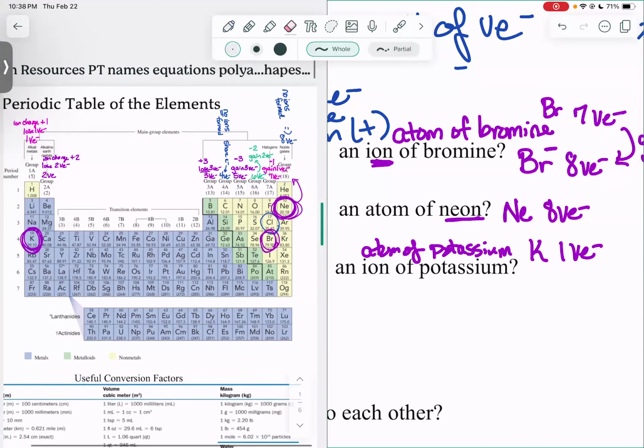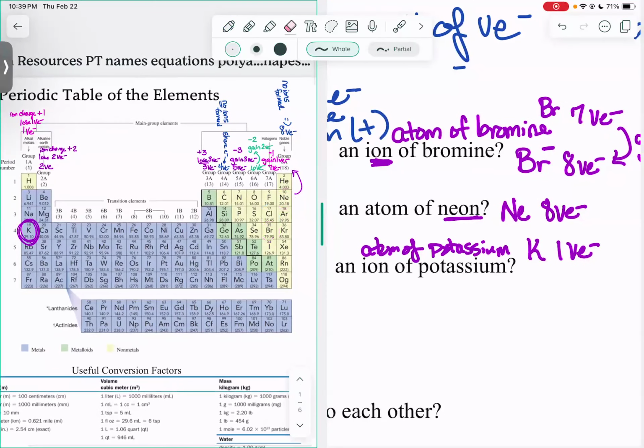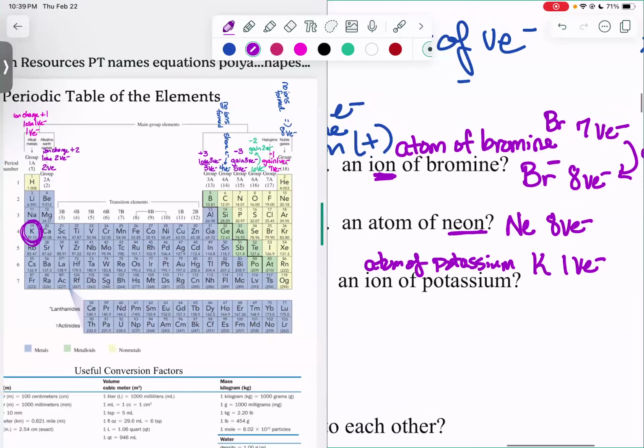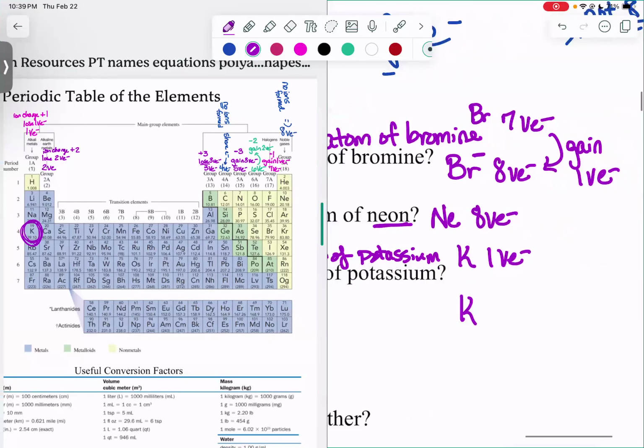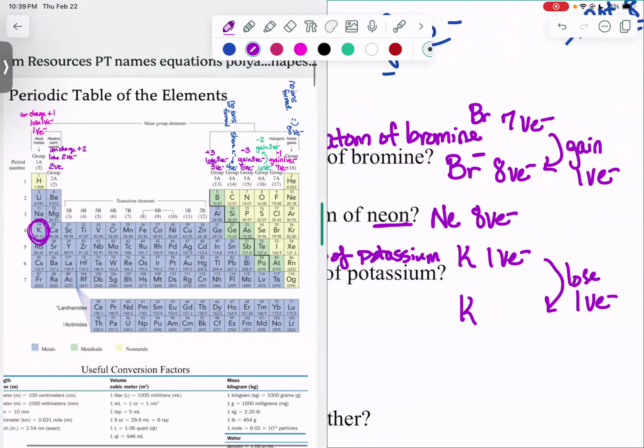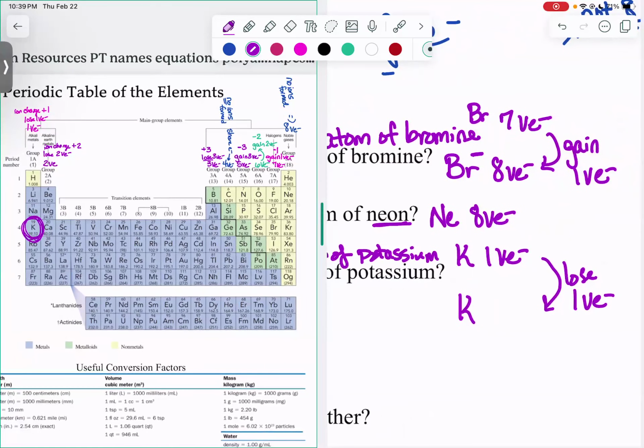You got to remember that if I go to the potassium ion, in order to do that, I'm going to lose 1 valence electron. If I start at potassium, potassium has 19 electrons.